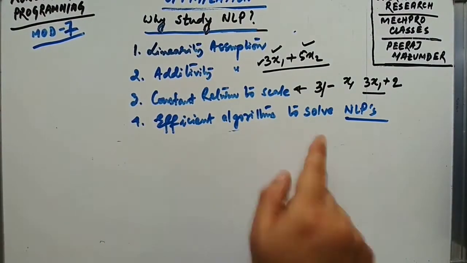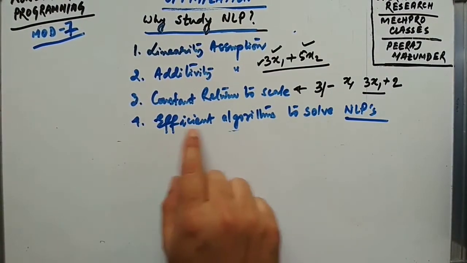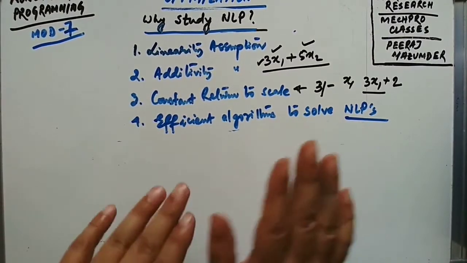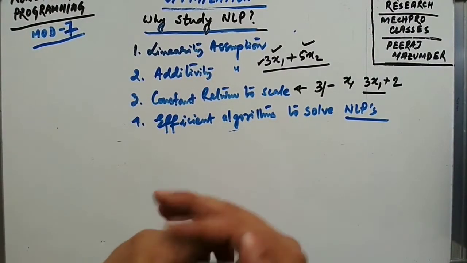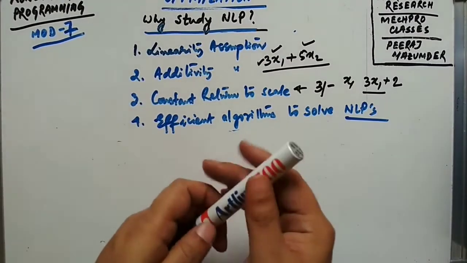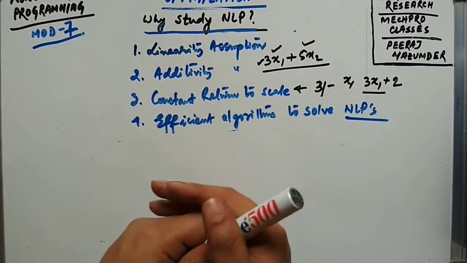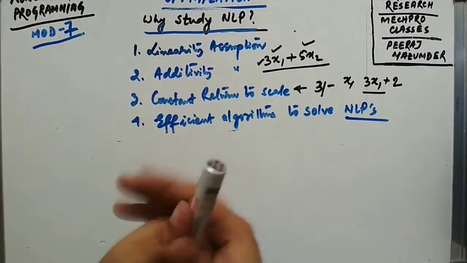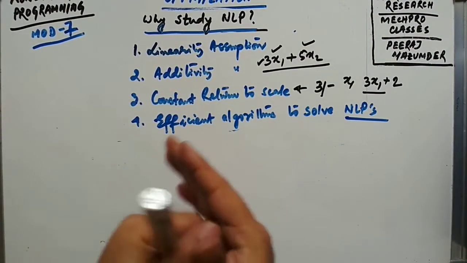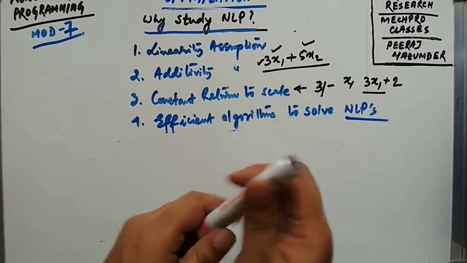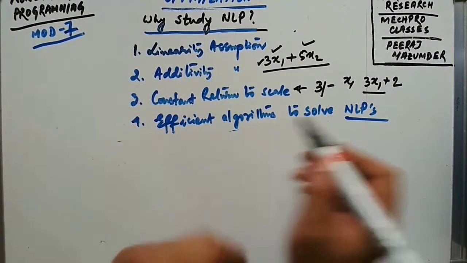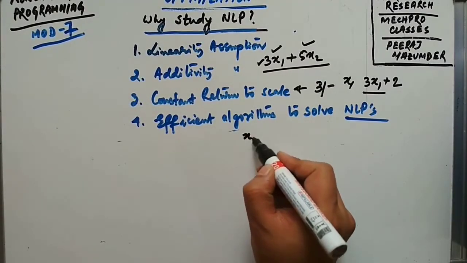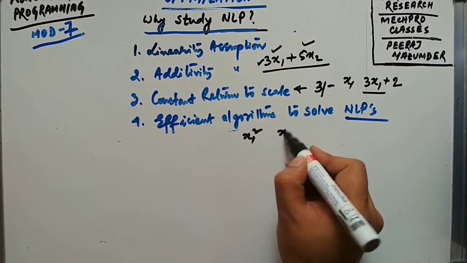The last one: we have developed efficient algorithms to solve NLPs. NLP, nonlinear programming, is very important in solving real-day problems, because in real world problems we face decision variables of non-linear type, say x1 square or x into y.